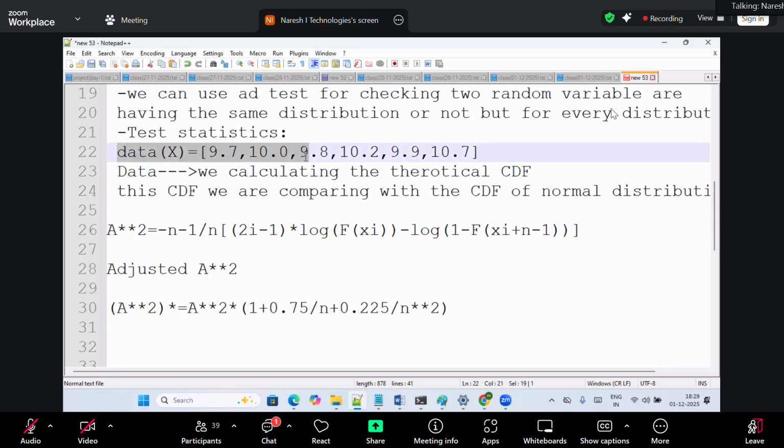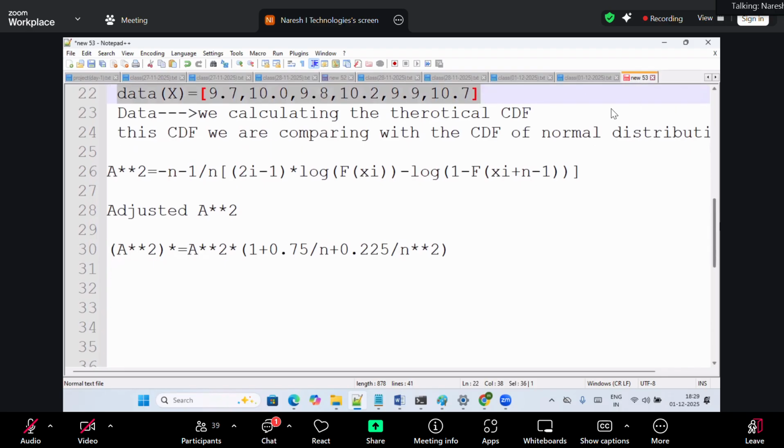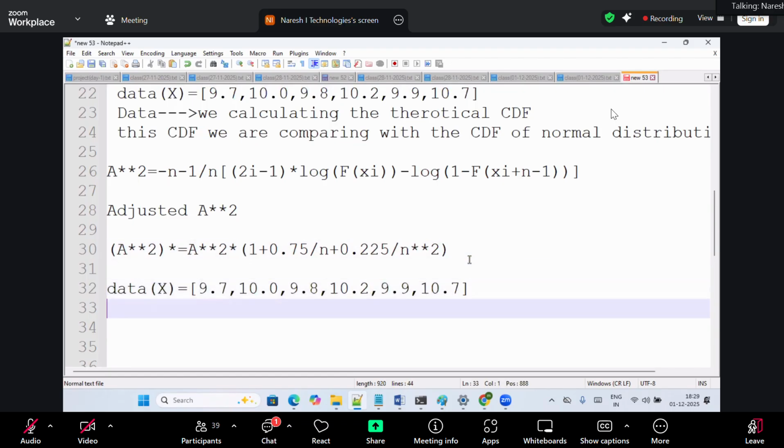So first of all, you are getting this data. Okay. So the first step is sort it. So you sort this data. क्या वैल्यू मिलेगा आपको?